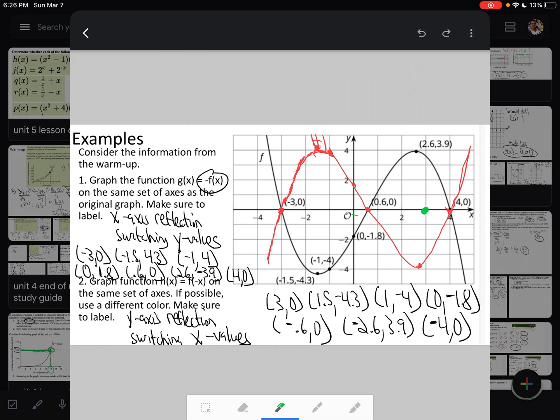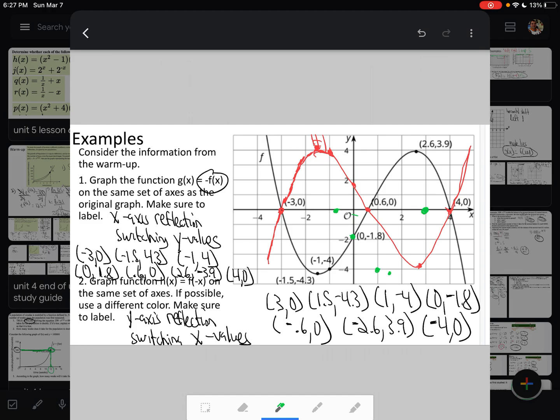Whoops, I accidentally erased that. And then we have 1, negative 4. Then we have 0, negative 1.8. Then we have negative 0.6, comma 0. So that's going to be about there.